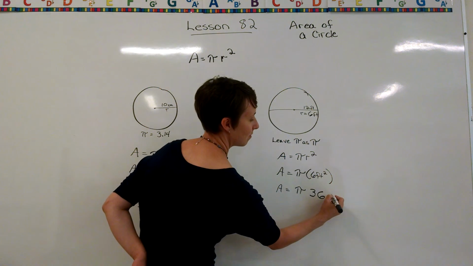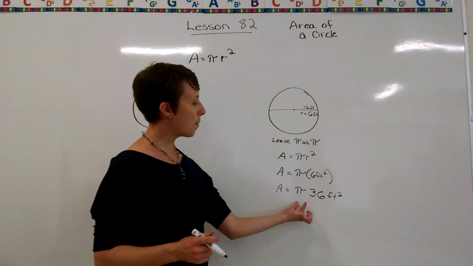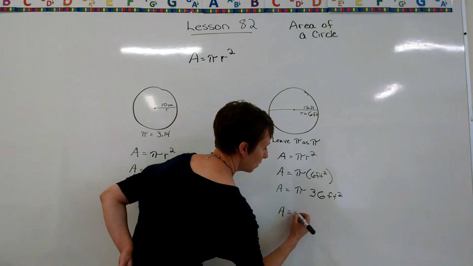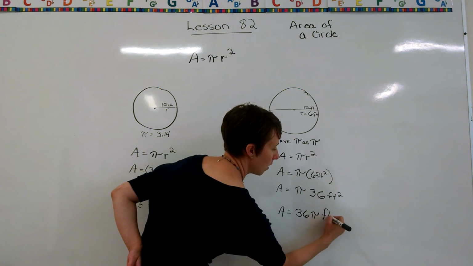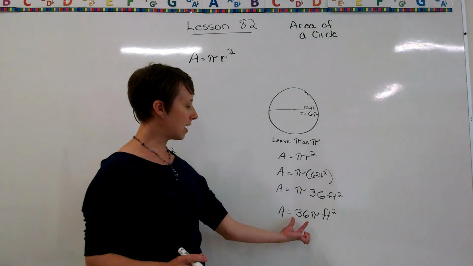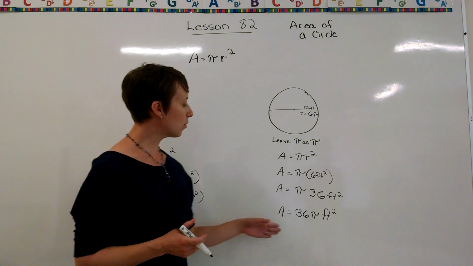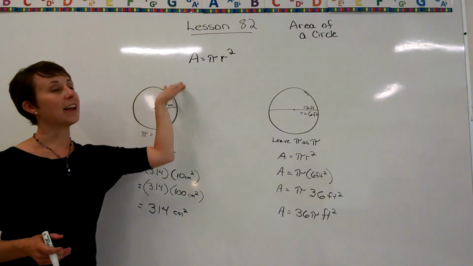Feet times feet, feet squared. The best way to write this would be pi, 36 feet squared, or you could also write it the other way. Sometimes people like to write the number first. You'll see books like it this way often as well. You can also write it as 36 pi feet squared. Either method will work. Just make sure that you have this formula and you'll do just fine.